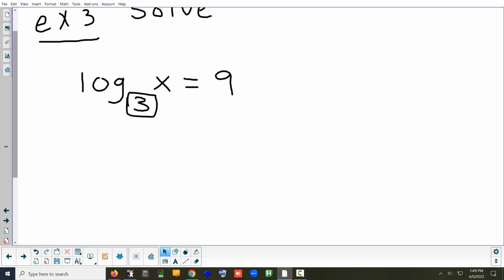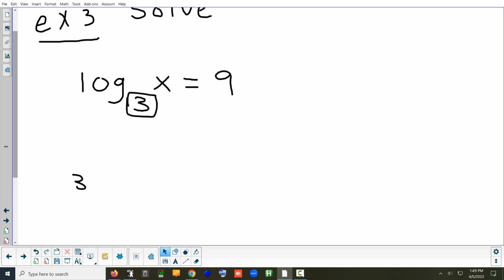What's that number called? That's lower 3. That's my base. So when I rewrite this as an exponential, 3 is going to be my base.